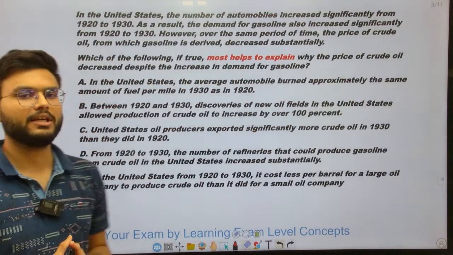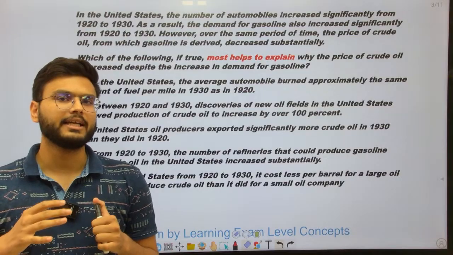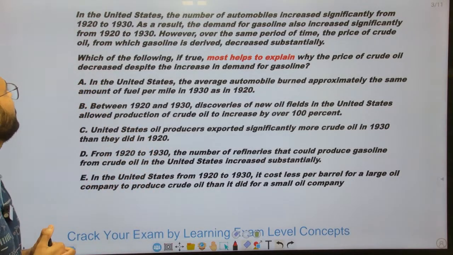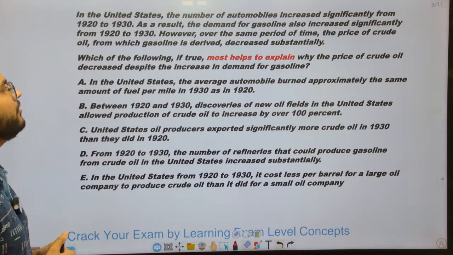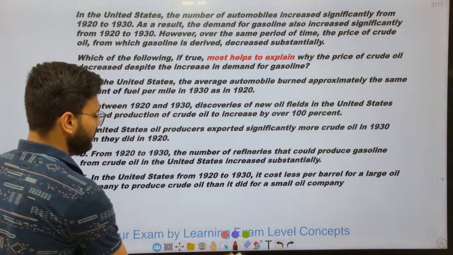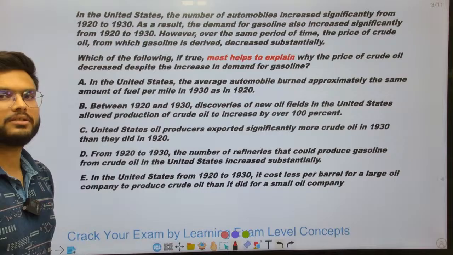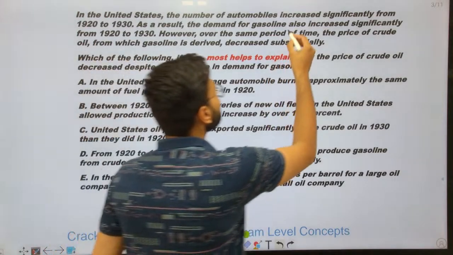So you can see we have a question in front of us. Let's see what the question is. In the United States, the number of automobiles increased significantly from 1920 to 1930. So the first piece of information is that the number of automobiles has increased significantly. Now this is a fact.